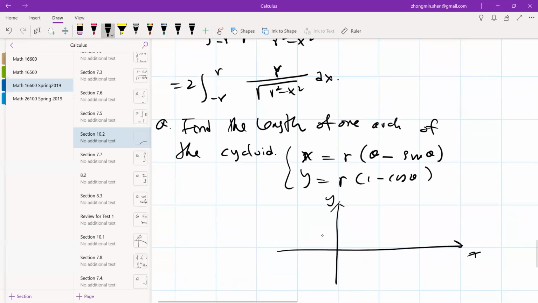X is going to be, actually, continually increasing, but this value, first of all, is positive. When theta equals 2 pi, it is going to be 0.